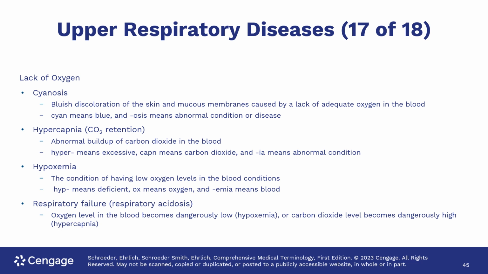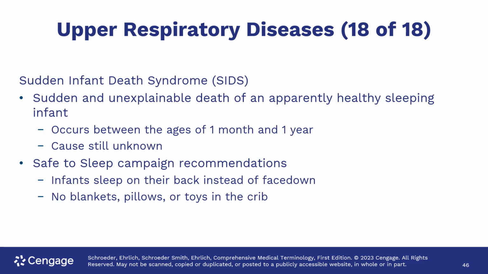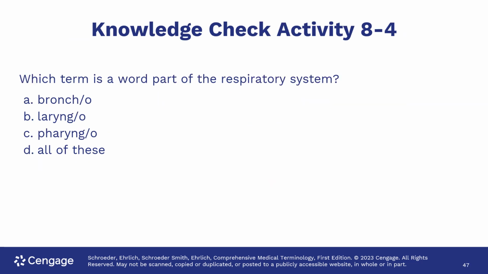So respirations aren't doing the job, so low oxygen and high CO2 levels. For pediatrics, there is sudden infant death syndrome, unknown cause between the ages of 1 month to 1 year. This is why we position our newborns on their side instead of their backs or stomachs.